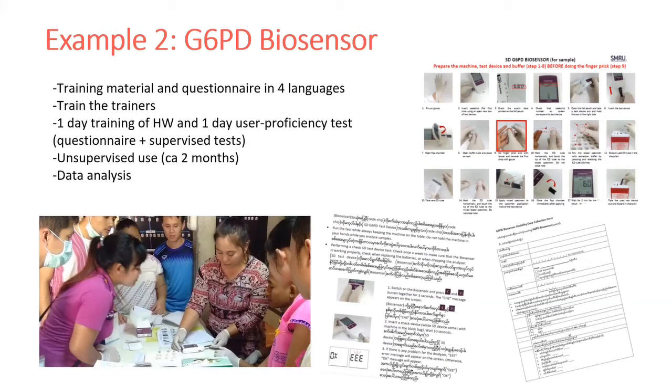After preparing the material, we train the trainers who speak the local languages and could go and train the health workers. And then we organize a 1-day training, followed by a day of user proficiency test that included both questionnaire and supervised testing. And then we let the health workers use the test during a couple of months, and then we analyzed the data.